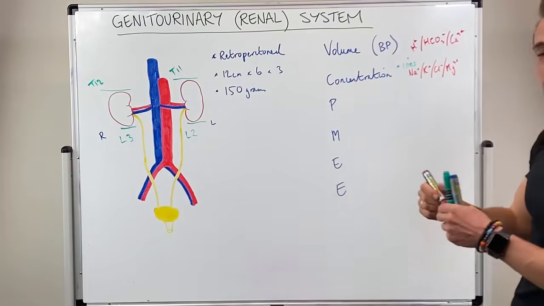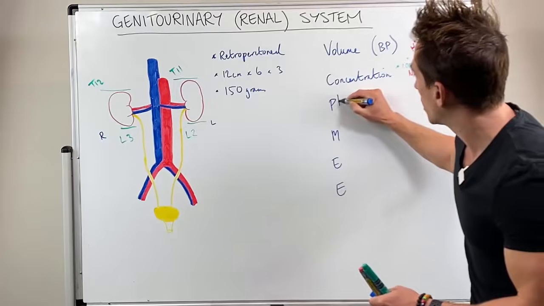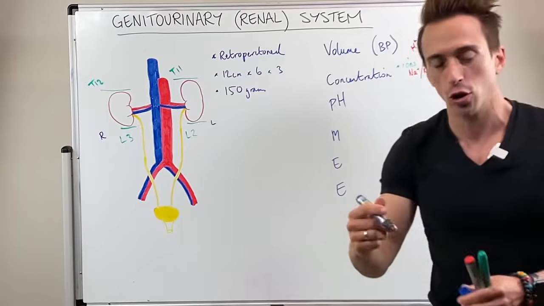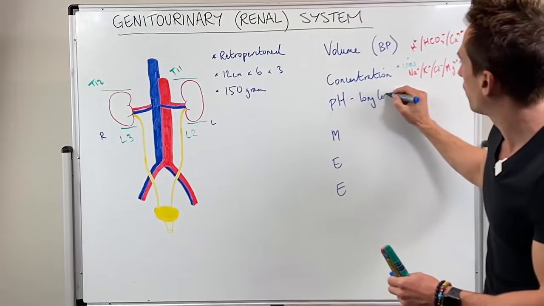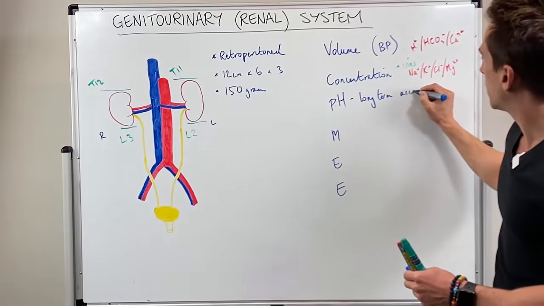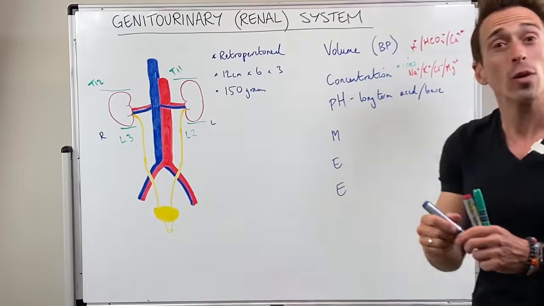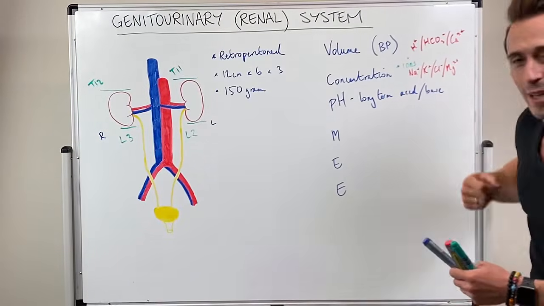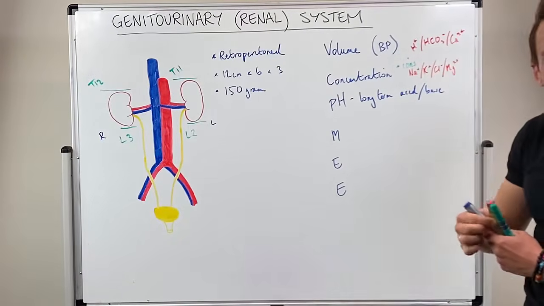What's the P stand for in this case? The P stands for pH. So the kidneys help regulate long-term acid-base balance. How does it do this? Well, it does this through the regulation of concentration of hydrogen and bicarbonate.